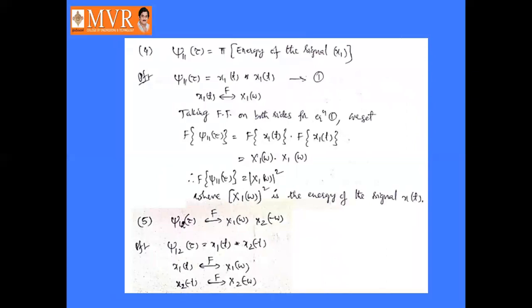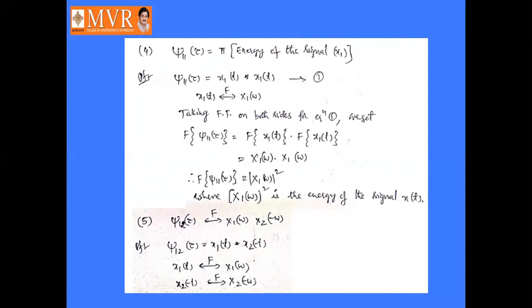And the fourth one: the Fourier transform of phi11 of tau is the energy spectral density of the signal x1 of t. So phi11 of tau equal to x1 of t convolved with x1 of minus t, or since it is an even function, you can write it like this also, x1 of t convolved with x1 of t. The Fourier transform of x1 of t is X1 of omega. Taking the Fourier transform on both sides of equation number 1, we get the Fourier transform of phi11 of tau equal to the Fourier transform of x1 of t convolved with x1 of t.